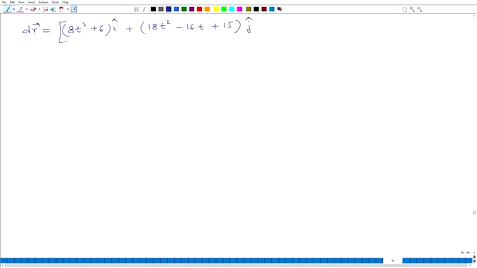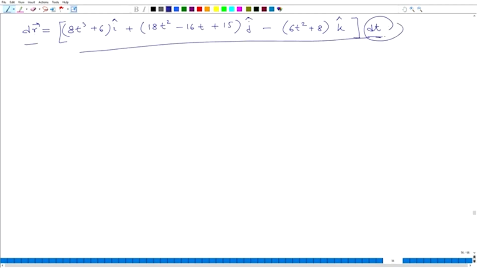Then finally, it will be minus 6t square plus 8 k cap dt. So this is now an infinitesimal vector, whose infinitesimal is actually now transferred on t.